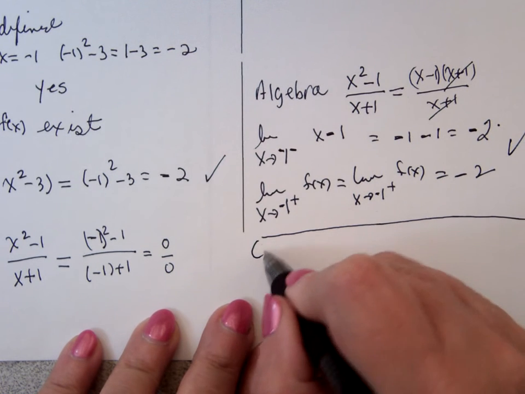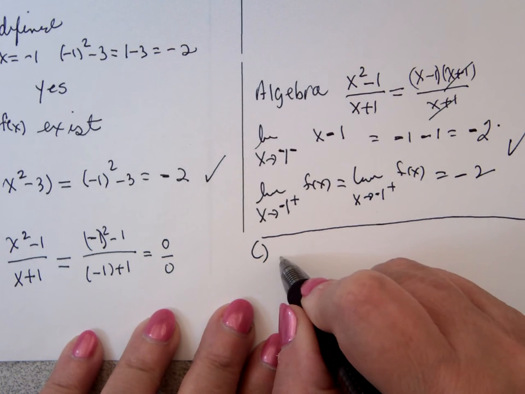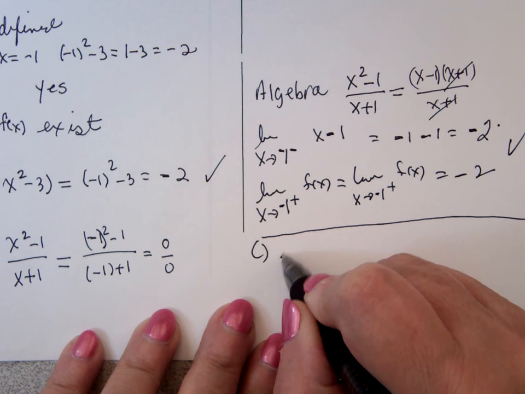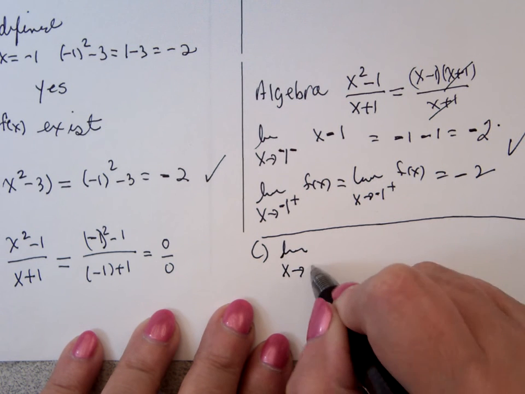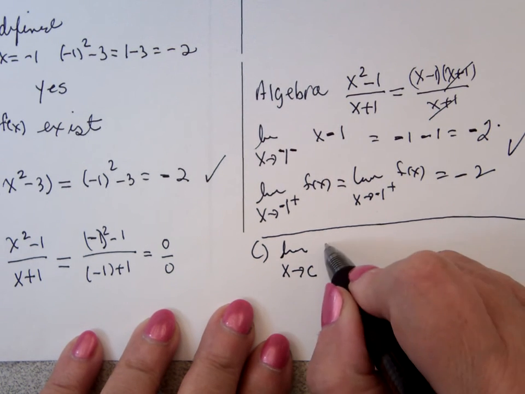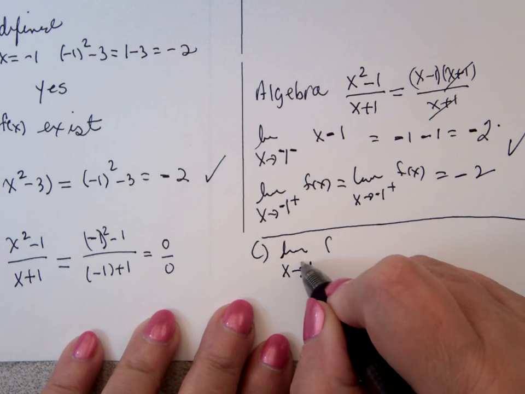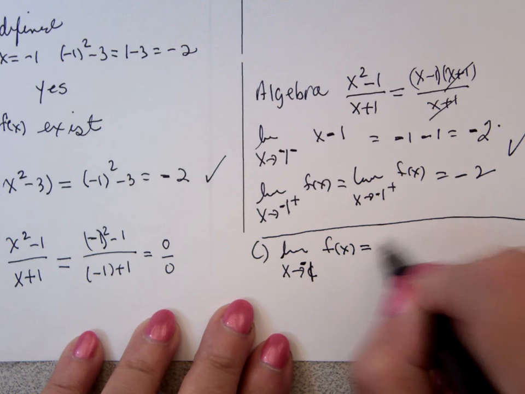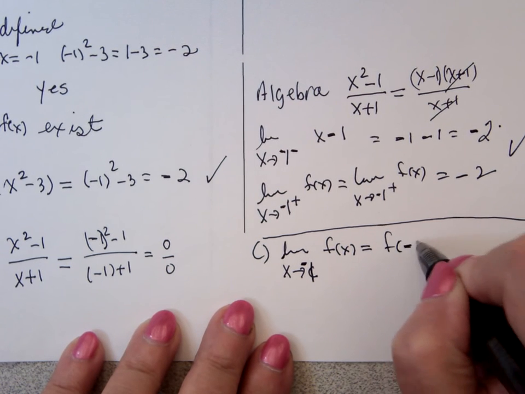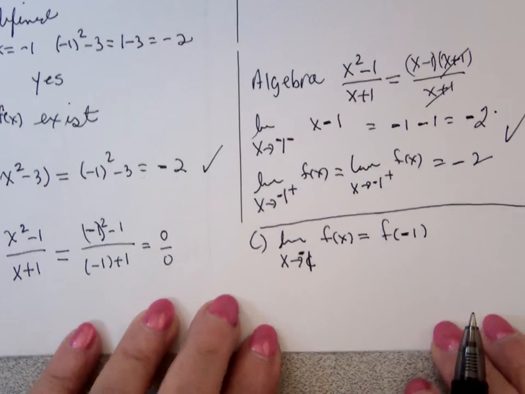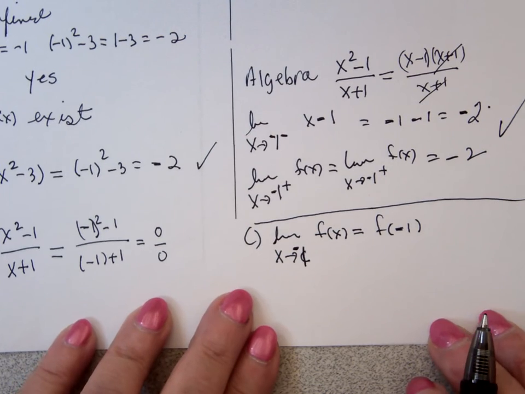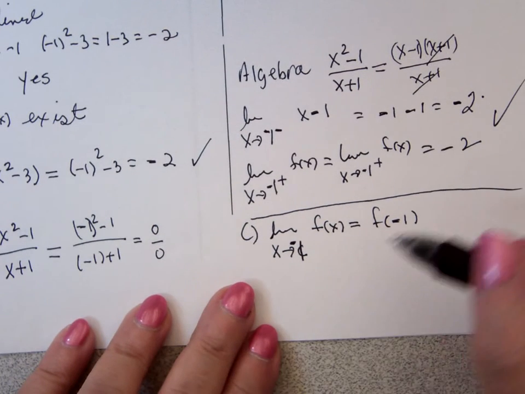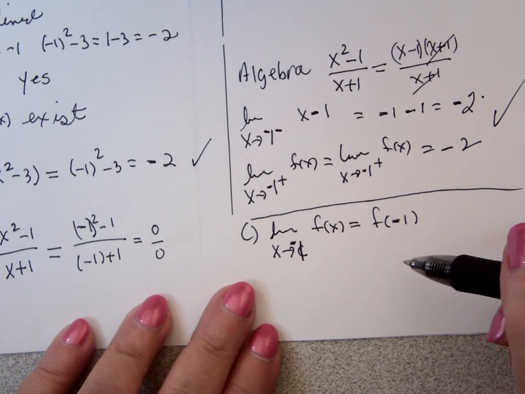C. Does the limit as x approaches c, or x approaches negative 1, of f of x equal f of negative 1? Well, part B gives me that the limit as x approaches negative 1 is what?